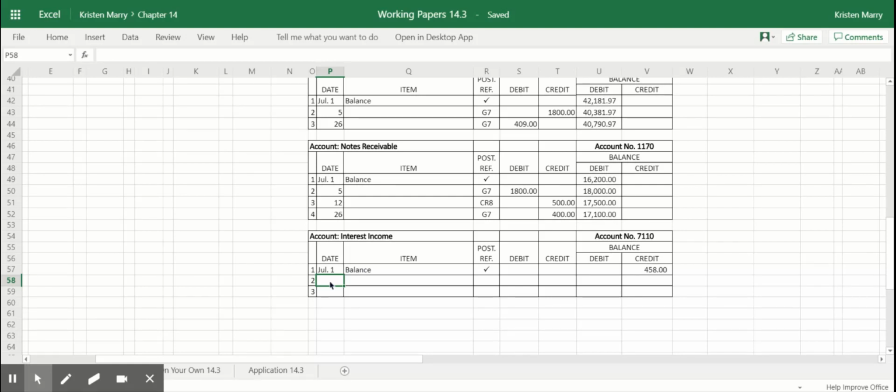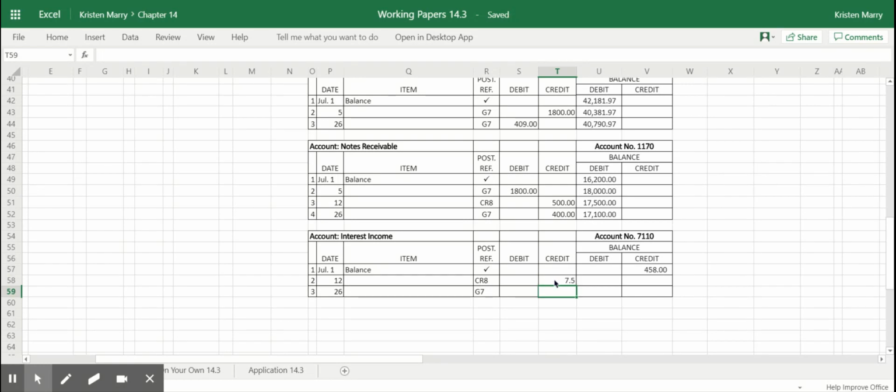Last one is the interest income, so how much income we've made from making these loans to customers. We've got one on the 12th and one on the 26th. One on the 12th is for the cash receipts journal 8. One on the 26th is from the general journal. Both of these are credits.